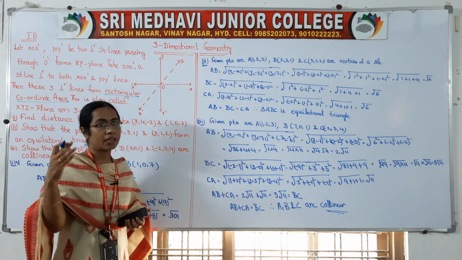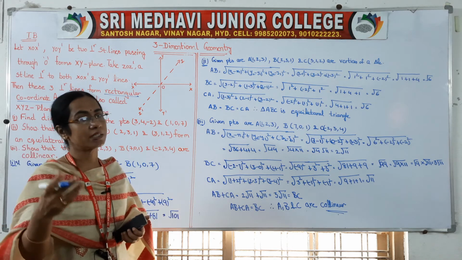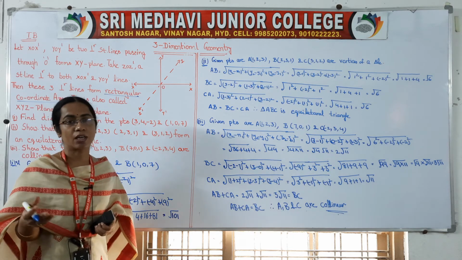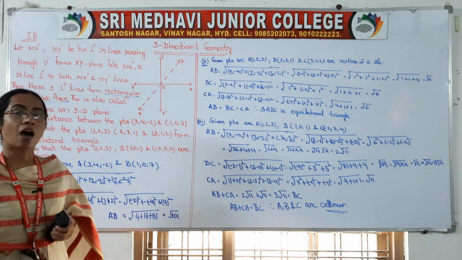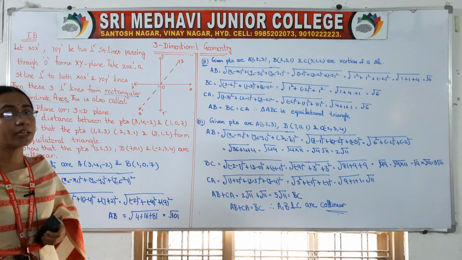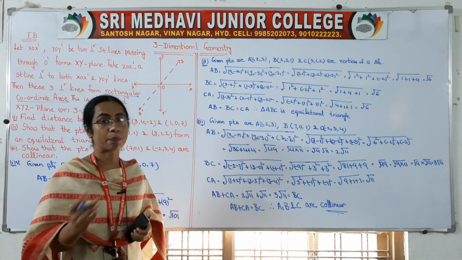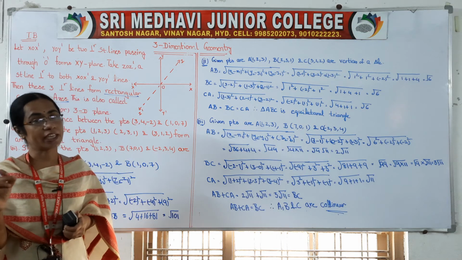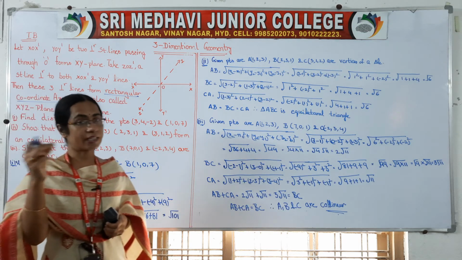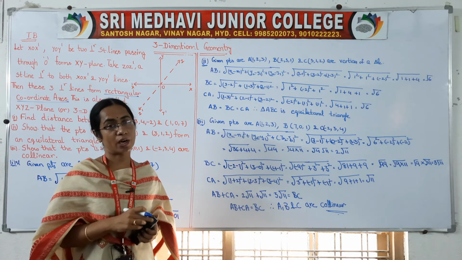They pass through the origin, and it is called the xy plane, or the 2D plane. In that plane, if we take any point, it contains an x coordinate and a y coordinate.